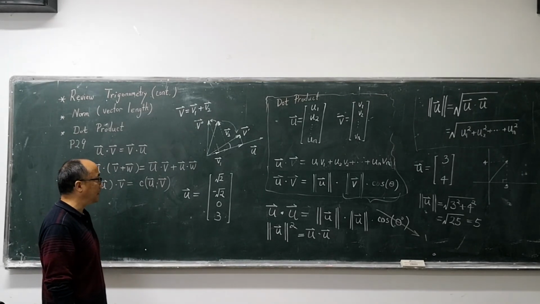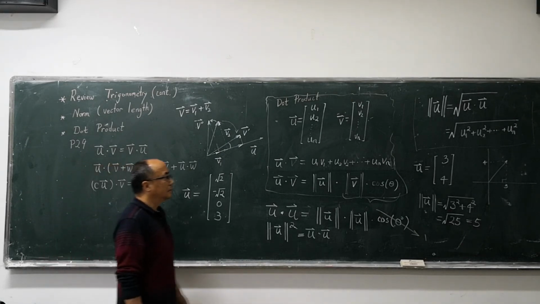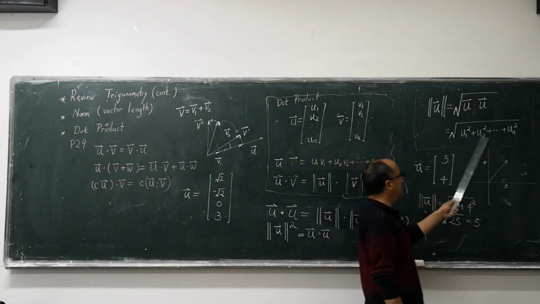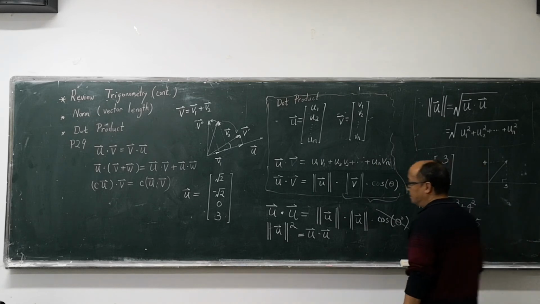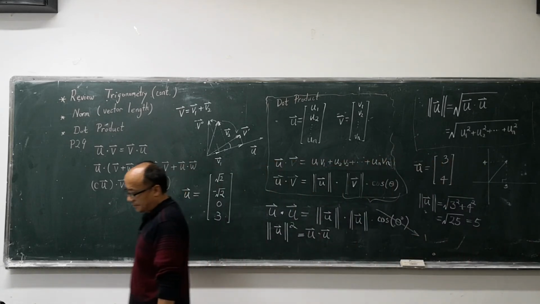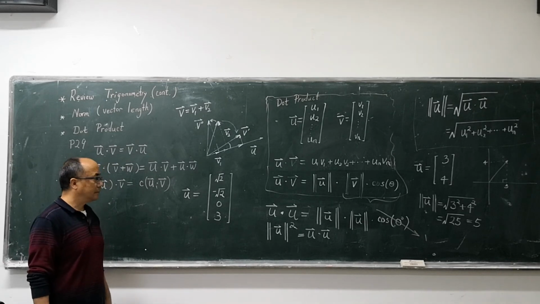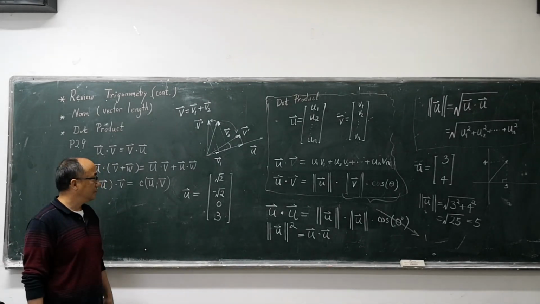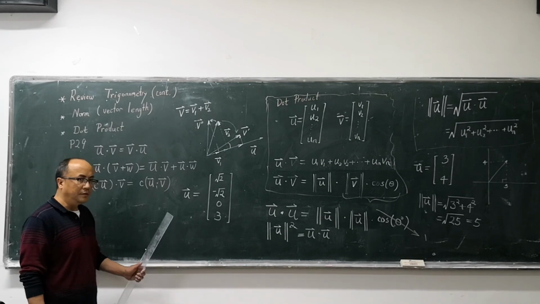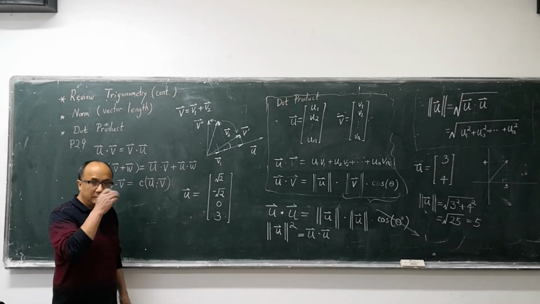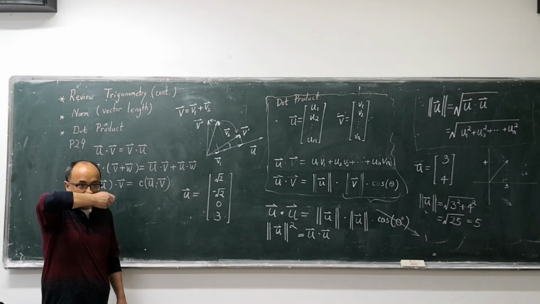Why did you say it's a 3? Oh, it's not 3. Yeah, right. So, radical 7. Radical 7. Everybody?